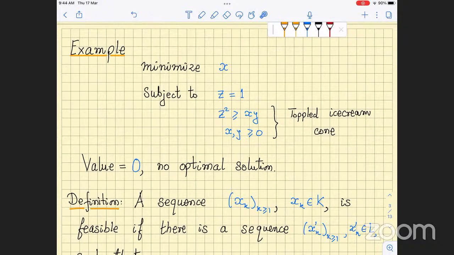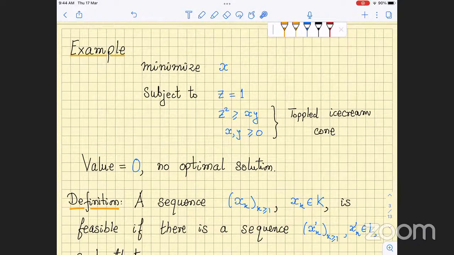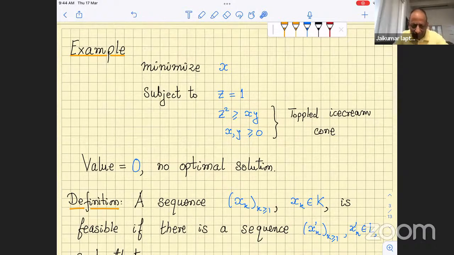I hope you have a fair idea of what the toppled ice cream cone looks like. I will try and see if I can show you a picture on my computer. But right now, it's an object in 3 dimensions. X, Y, and Z are our variables, and it satisfies this equation. So I'm sorry, did I get this wrong?